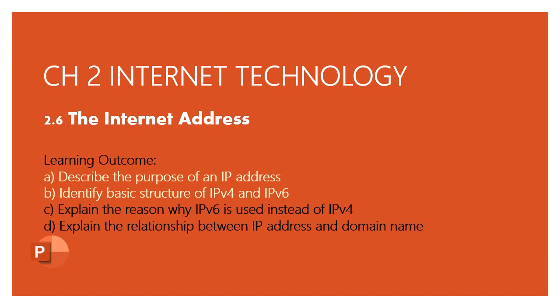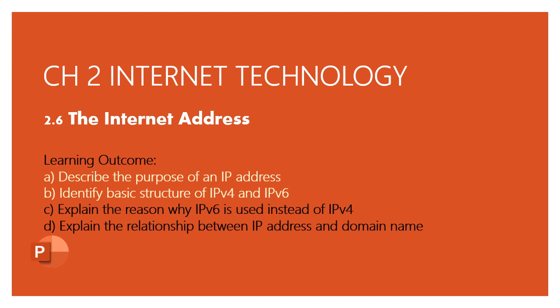Now, before we continue with 2.6 internet address, I would like to recap first all the subtopics that we have discussed in chapter 2, internet technology. We start with 2.1. 2.1 is the topic that talks about the definition of network, the introduction of network. So what is network? Network is a collection of devices connected together via communication device and transmission media.